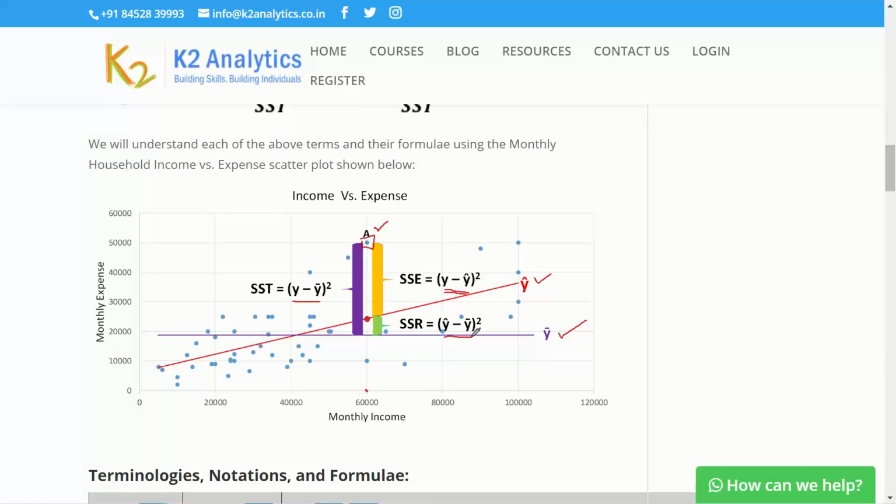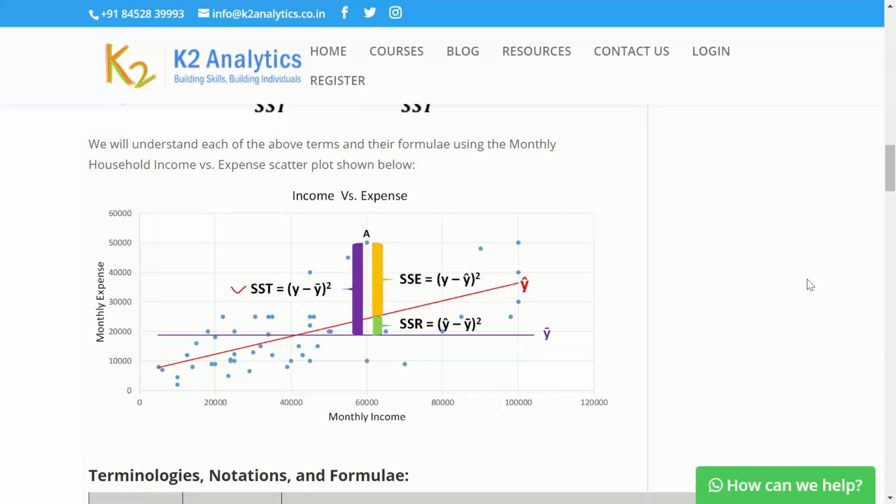Just try to sink in this information. I'll erase all of these color lines. When we build a model, the error y minus y bar is the error if we compare the data with respect to the mean.